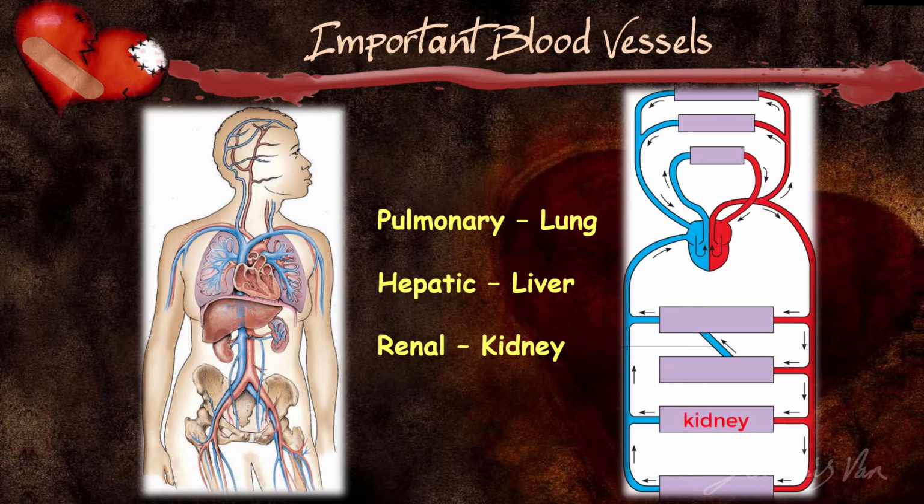And finally, renal refers to the blood vessel going towards as well as going away from the kidney. Renal artery transports blood away from the heart and into the kidney, while renal vein transport blood away from the kidney towards our heart.